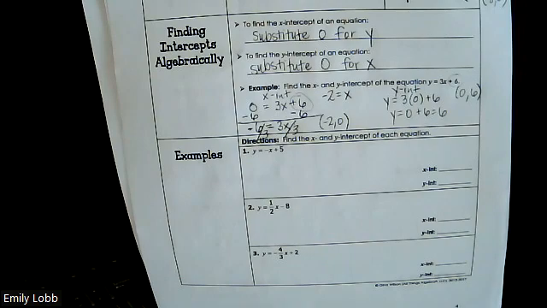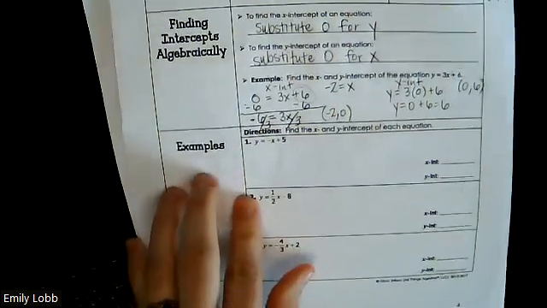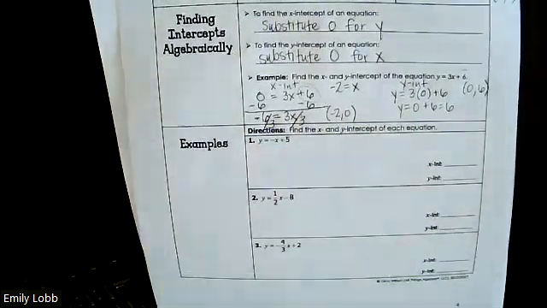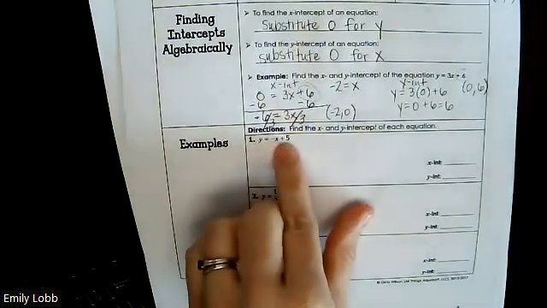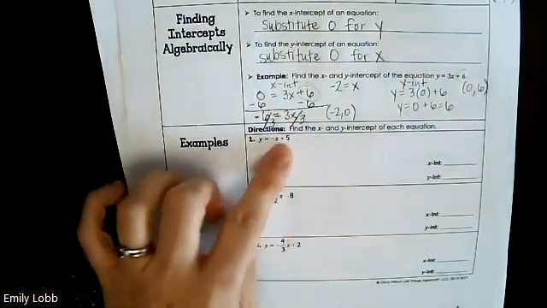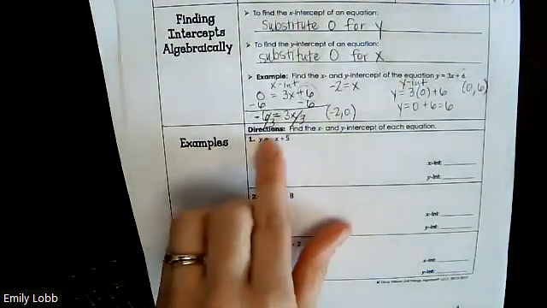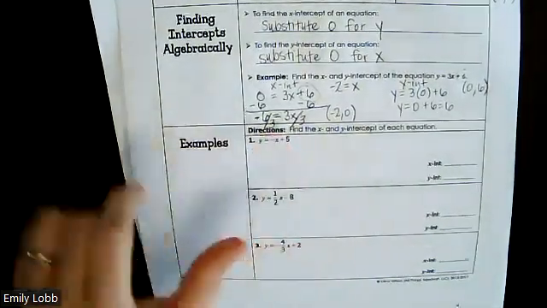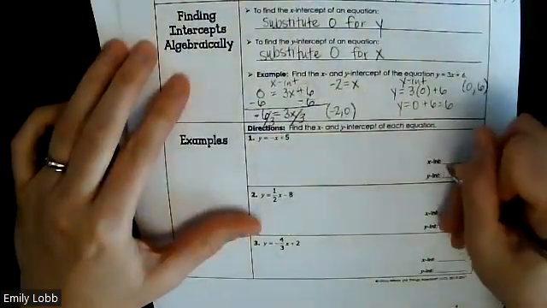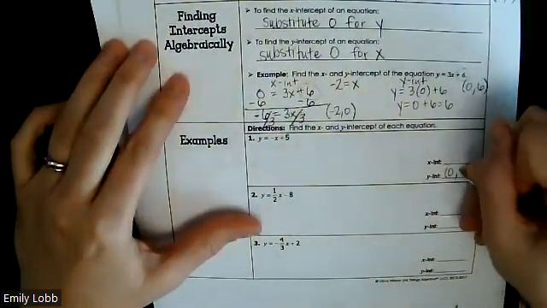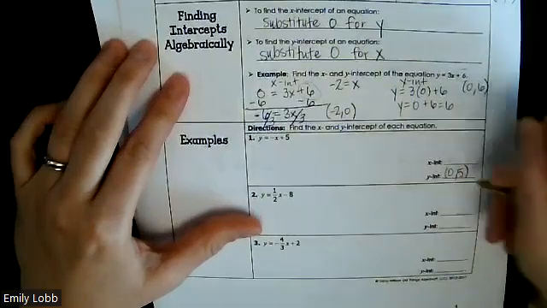Okay, so when it's in this form, x-intercepts are a little bit harder to find, but we should be able to right away know our y-intercept, right? If we put 0 here for x, this would go away and we would have y equals 5. So if we put 0 for x, y is equal to 5.